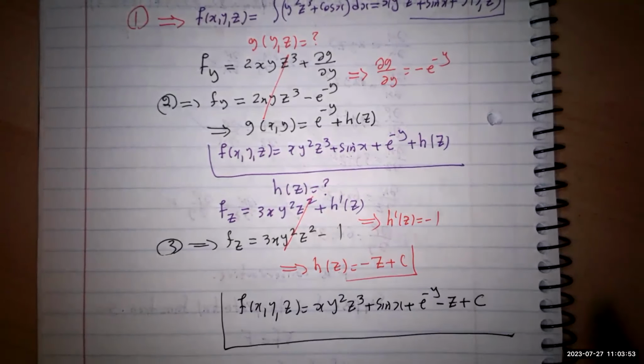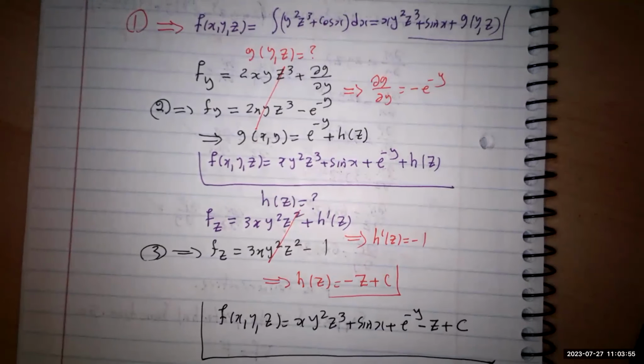So that gives you the potential function. Get to know it because you have to do it at least once. Later on, when you want to integrate, there will be a line integral through a function of 3 variables.